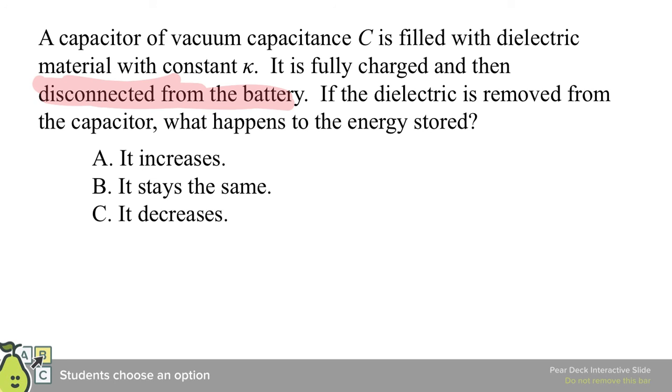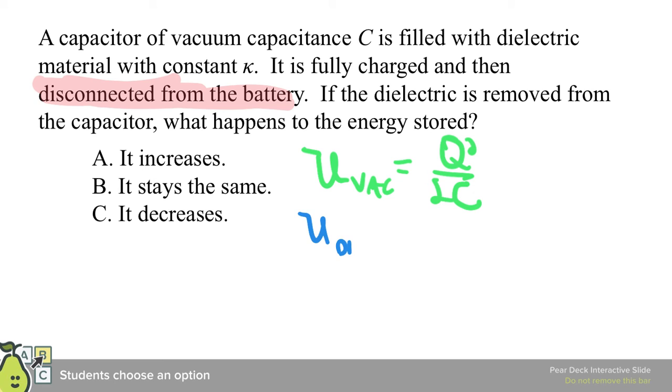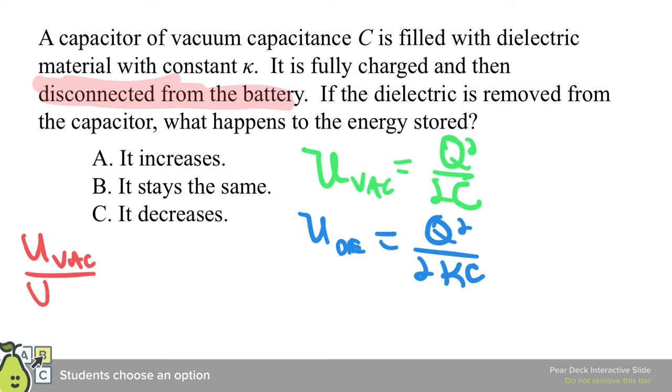All right, the energy in the vacuum-filled capacitor, which we'll call U_vac, is going to be the charge squared over twice the vacuum capacitance, which is C. And the energy in the dielectric-filled capacitor is going to be Q squared over its capacitance, which is 2 kappa C, since the capacitance is kappa times C. And then this question asks us for the vacuum one over the dielectric one.